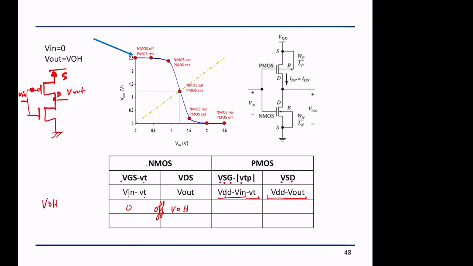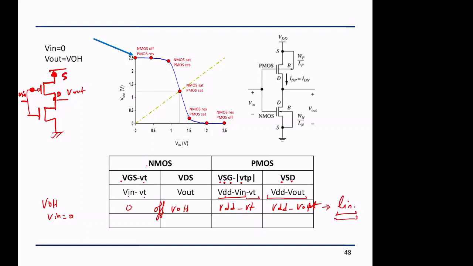So for the PMOS, this will be VDD minus VT, and this will be VDD minus Vout, and I can then find what the region is, which is minus VOH, which we solved before and said that this will be in the linear region.